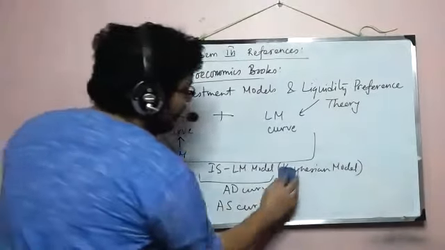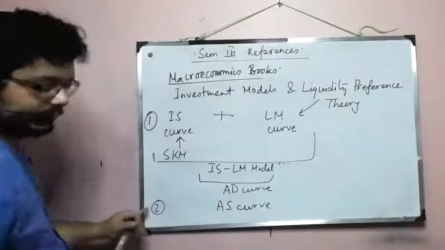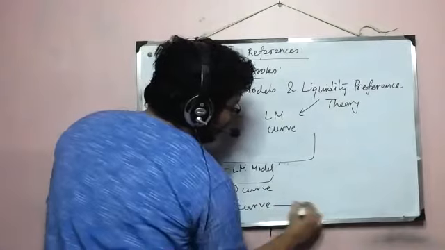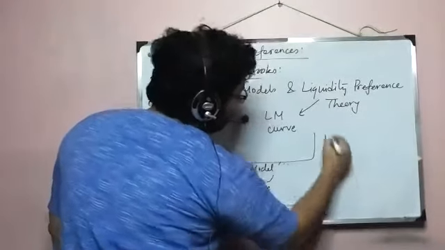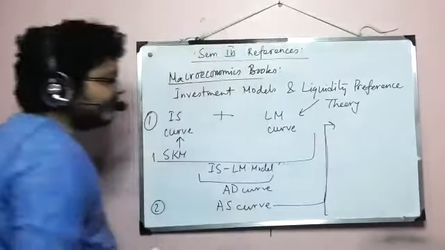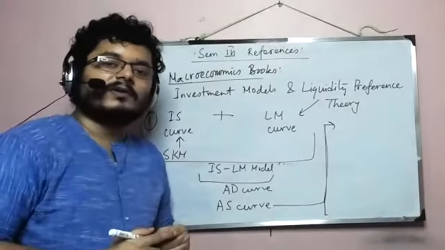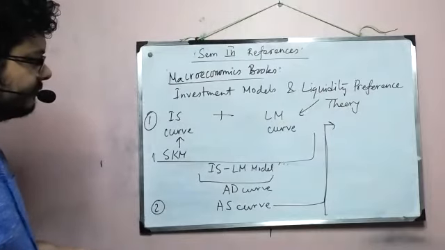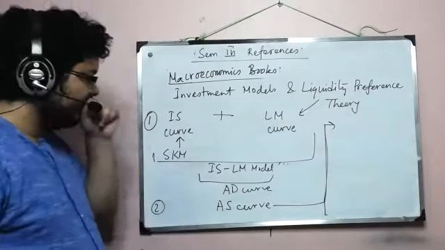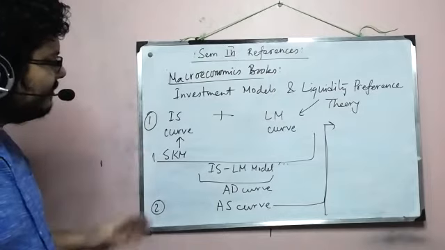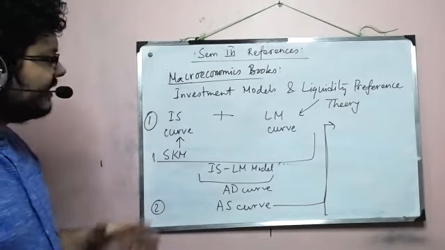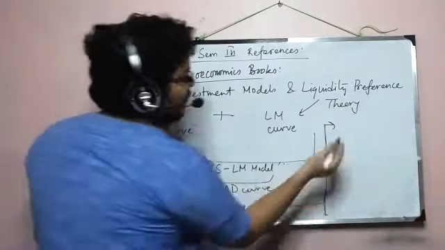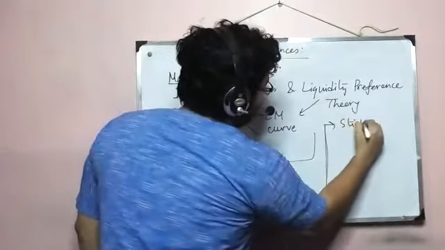The shape of this AS curve has four typical models which analyze basically the same thing, but from four different perspectives. Each of them is very small compared to the ISLM model. One of them is sticky wage.